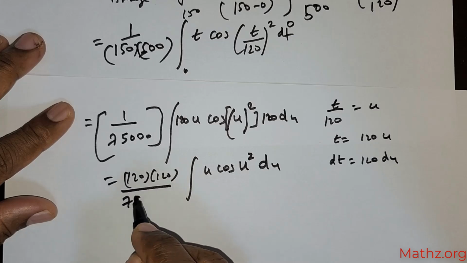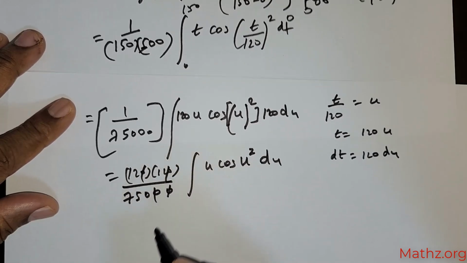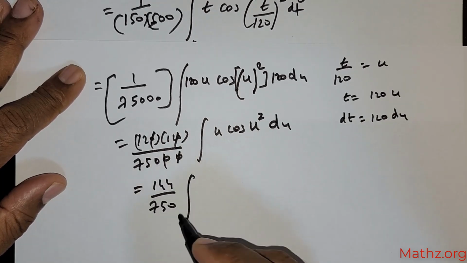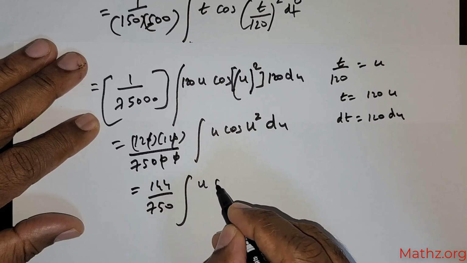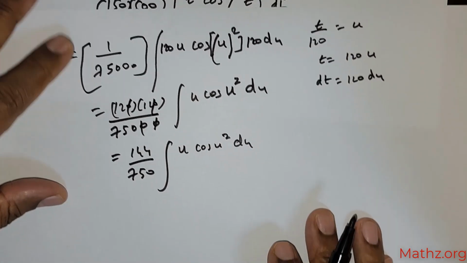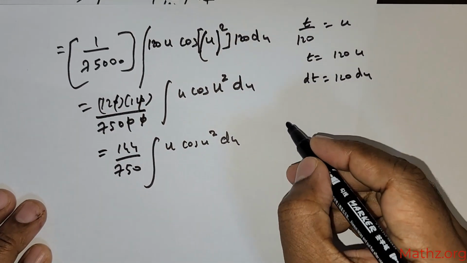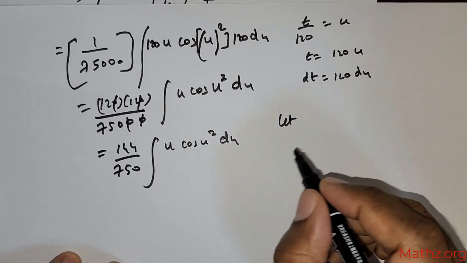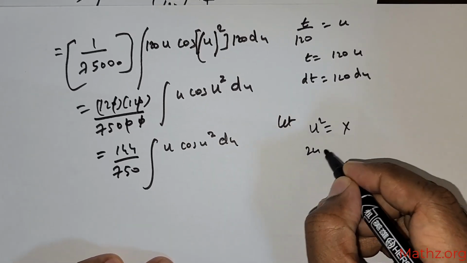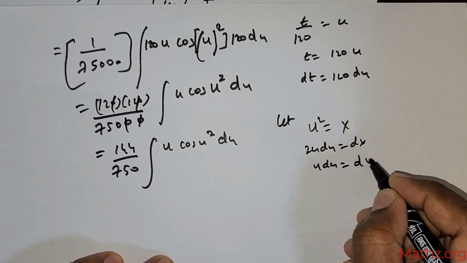And you have 75000. So you cancel 2 zeros and you get 144 divided by 750, and you have u times cos u squared times du. So you will have to integrate this. What I wish to do is I would like to let u squared be equal to some x, so 2u du is equal to dx, so u du is equal to dx over 2.